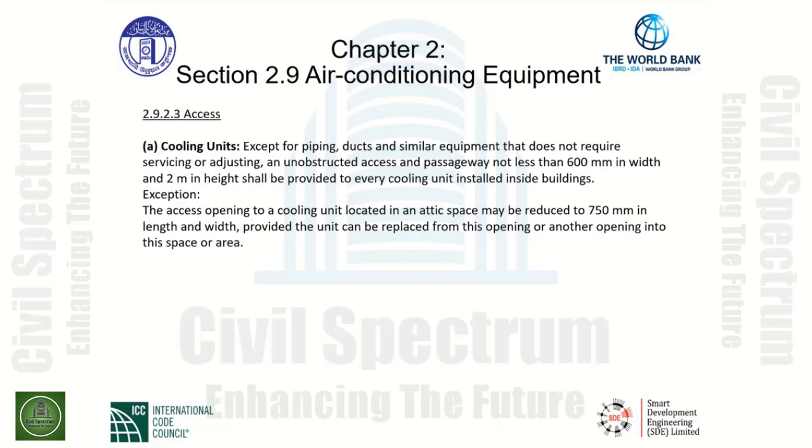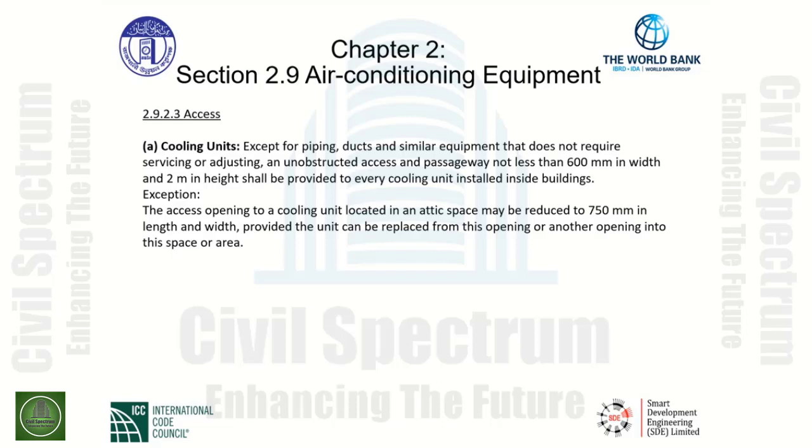The access opening to a cooling unit located in an attic space, however, may be reduced to 750 millimeters in length and width, provided the unit can be replaced from its opening or other opening into this space or area.